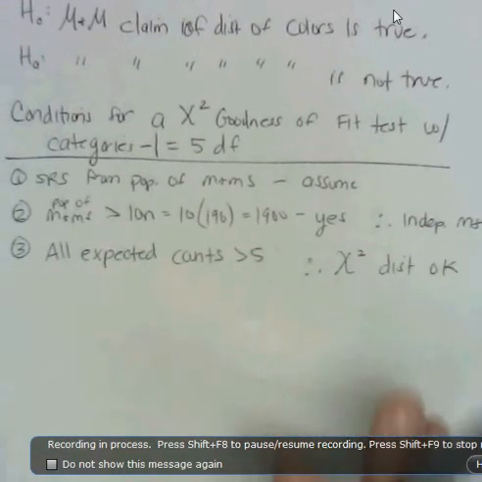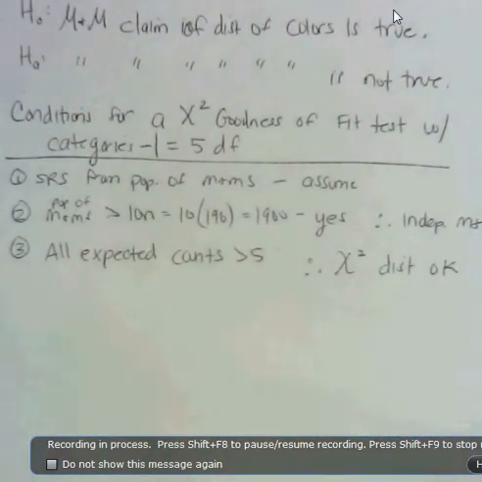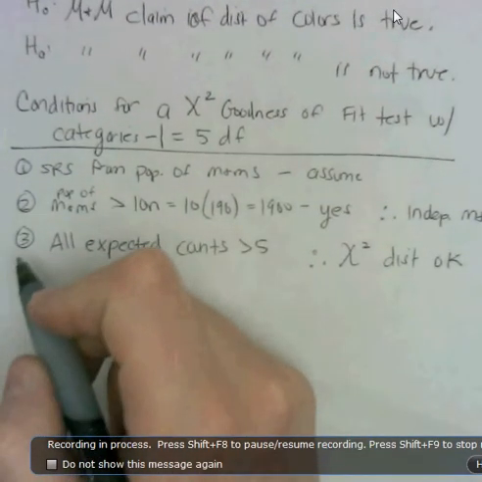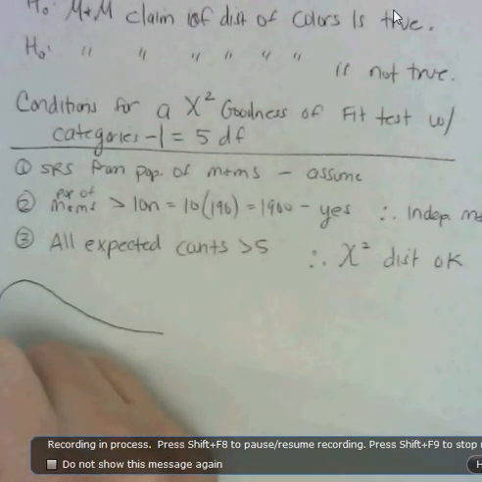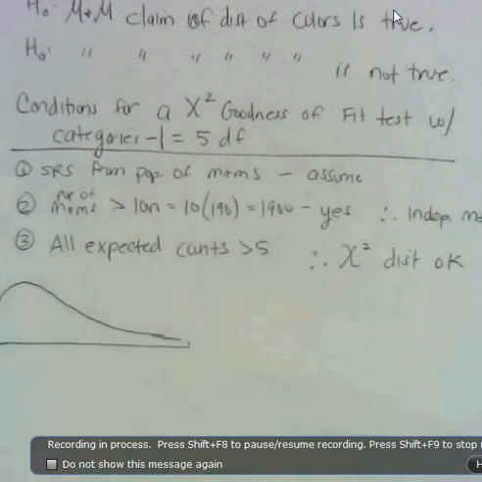Now we're going to draw our chi-square distribution, which you have not seen before, but is going to look like this. A skewed to the right distribution. Chi-square.